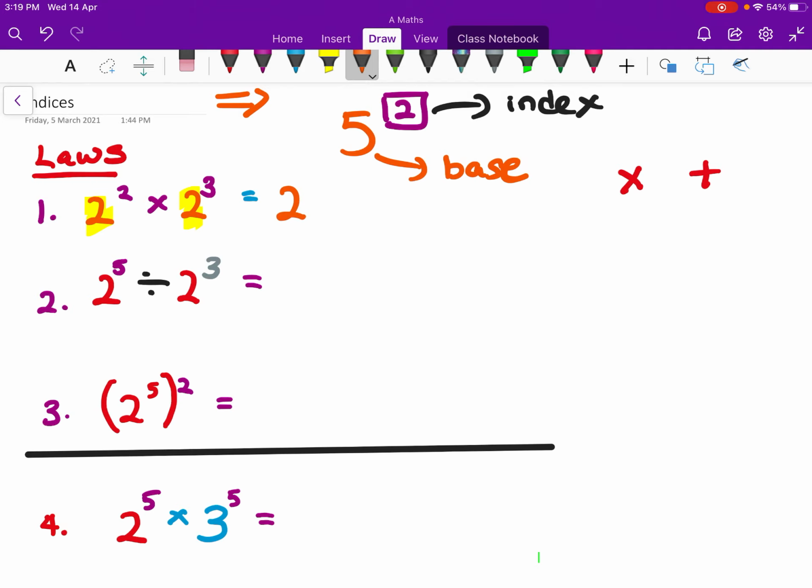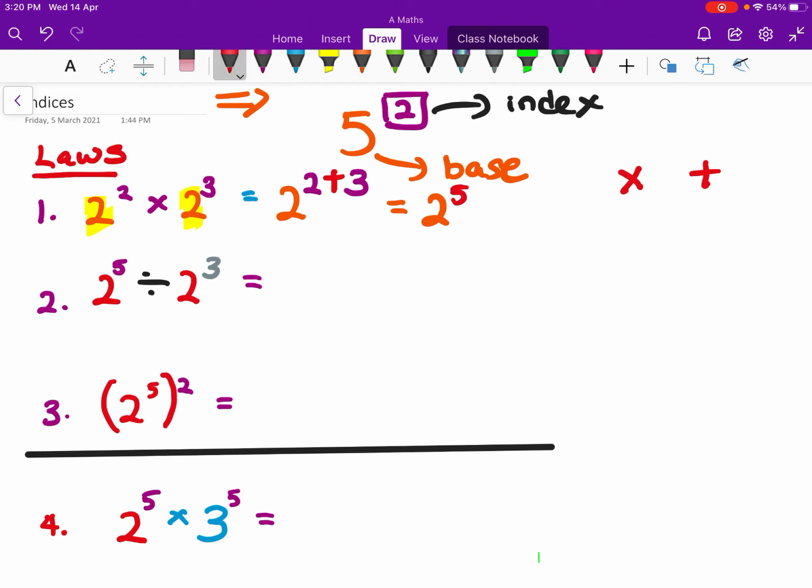The index is different, so we have to do something about the index. Since it's a multiplication, I can make it into addition. So 2 plus 3 is 5, and my answer should be 2 to the power of 5.